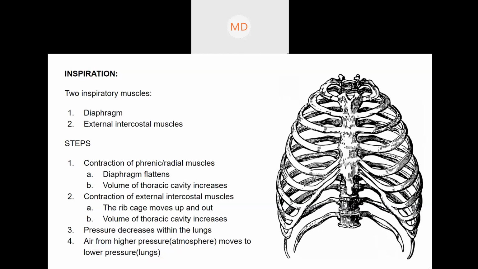So therefore we breathe in, so that we can fill up the empty spaces and match up the pressure from outside and inside. In order to level out the amount of pressure, that's why we breathe in, so that outside pressure will come inside, and the pressure inside the thoracic cavity will also become equal to the outside.